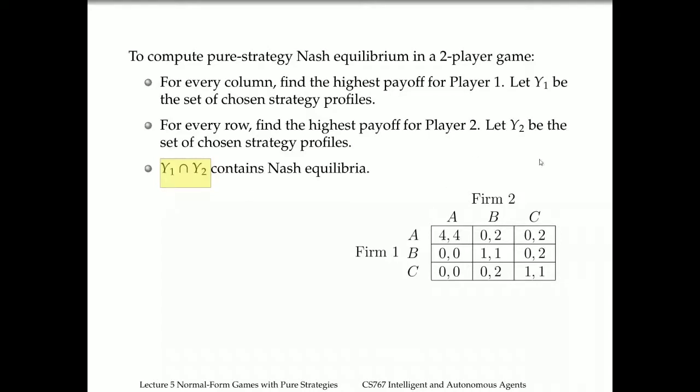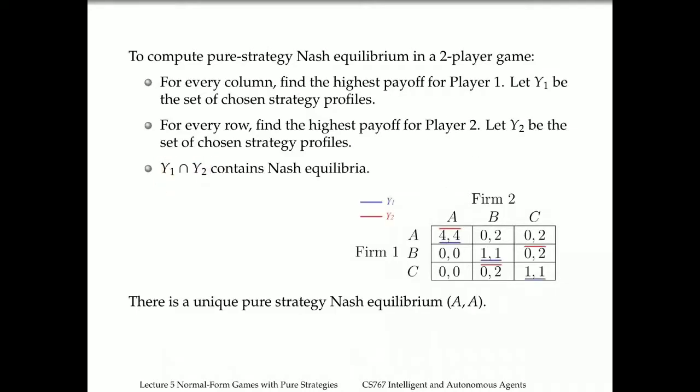Right? So visually, we can represent the Y1 set using underline, the blue underlines at each column. Remember, for each column, we will need to select the best response for player 1. So this will be this one, and this one. And then we can indicate the second set Y2 using the overlines, the red overlines, for every row.